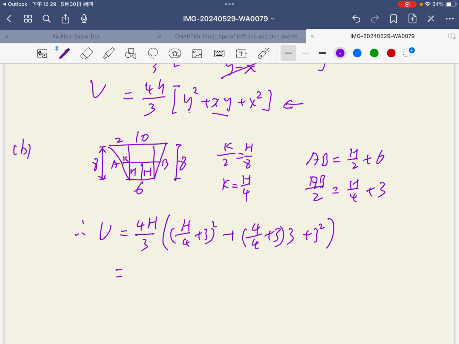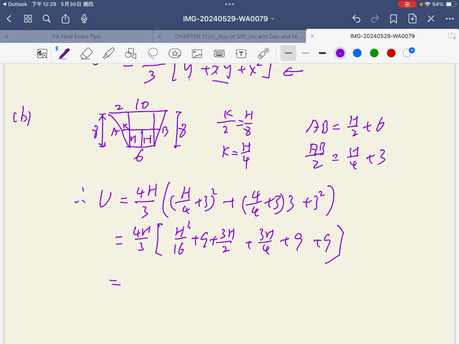Then expand the bracket, which gives H squared over 16, and 3H over 2 plus 3H over 4 plus 9.